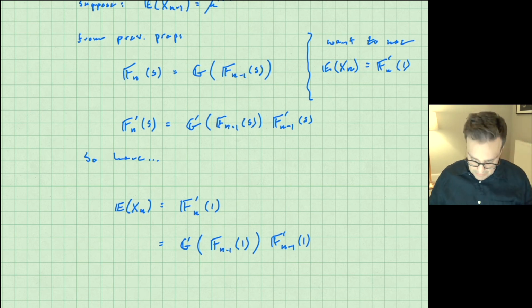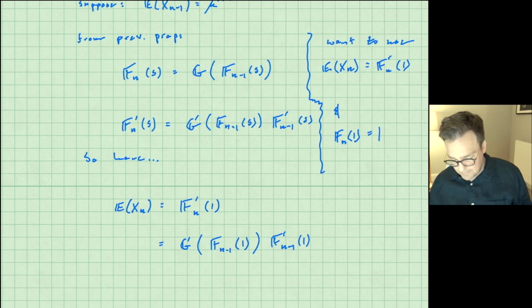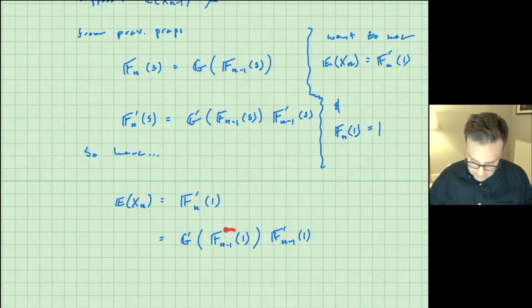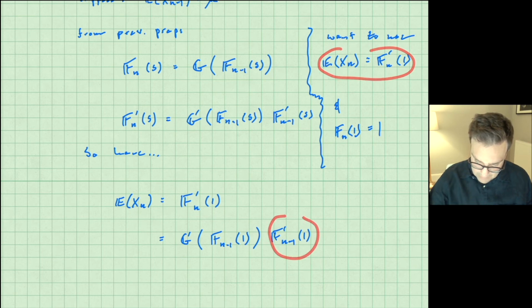Now, I should say we're using two things. For any PGF evaluated at 1, it's 1. Right, so we're going to use that thing for this guy, and then we're going to use this thing for this guy.